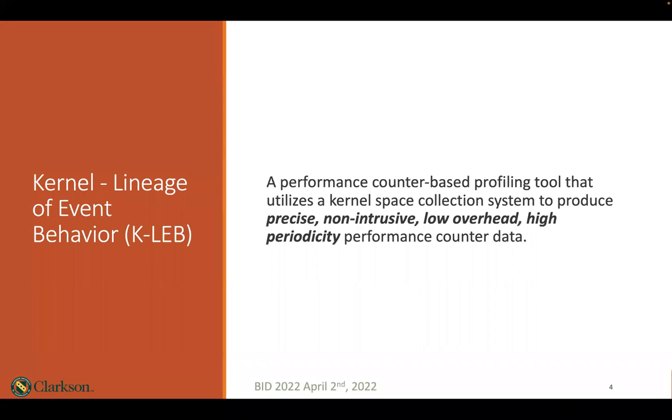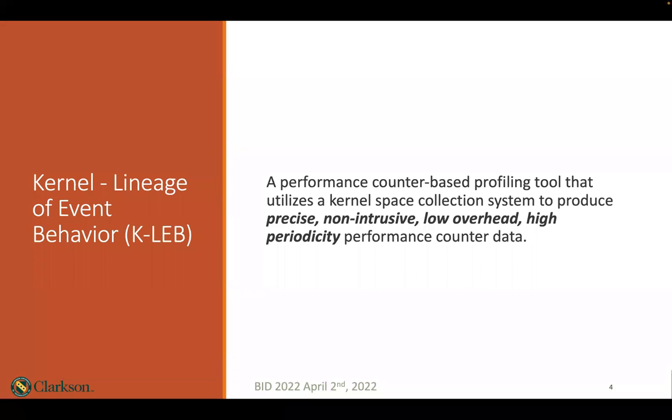To address these limitations, in this work, we introduced K-LEB, Kernel Lineage of Event Behavior, which is a performance counter profiling tool that utilizes kernel space collection systems to produce precise, non-intrusive, low overhead, high periodicity performance counter data.